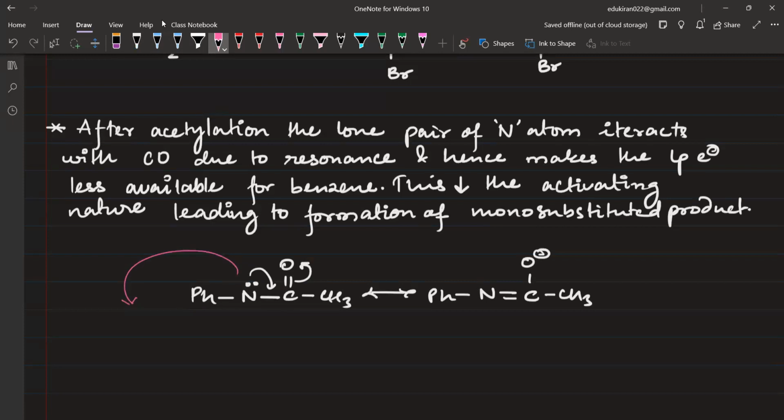Now this nitrogen lone pair is less available for benzene after acetylation. Copy this down.